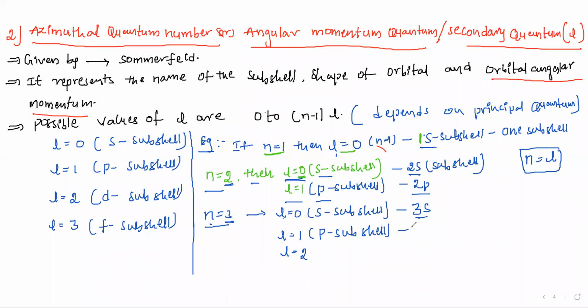That means here this is 3p. ఇప్పుడు L is equal to 2 అయింది అనుకో, అదేమవుతుంది? D subshell. What is this? 3D. అర్థమైందా? ఈ 3 అనేది, ఈ D subshell అనేది థర్డ్ షెల్ కిందకి వస్తుందని అర్థం.